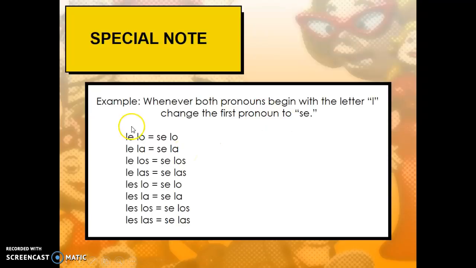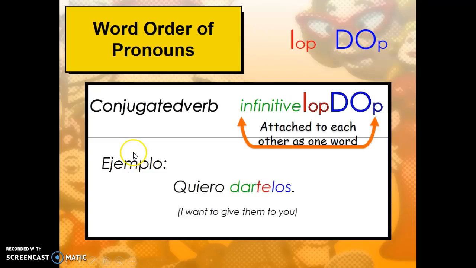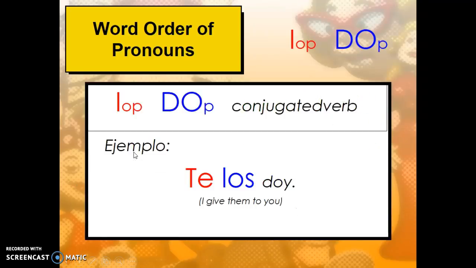So they change the first pronoun to se. So le lo becomes se lo. Le la, se la, le los, se los, and so on and so forth. So anytime you have two pronouns that start with an L right next to each other, the first one has to change to se. Okay?